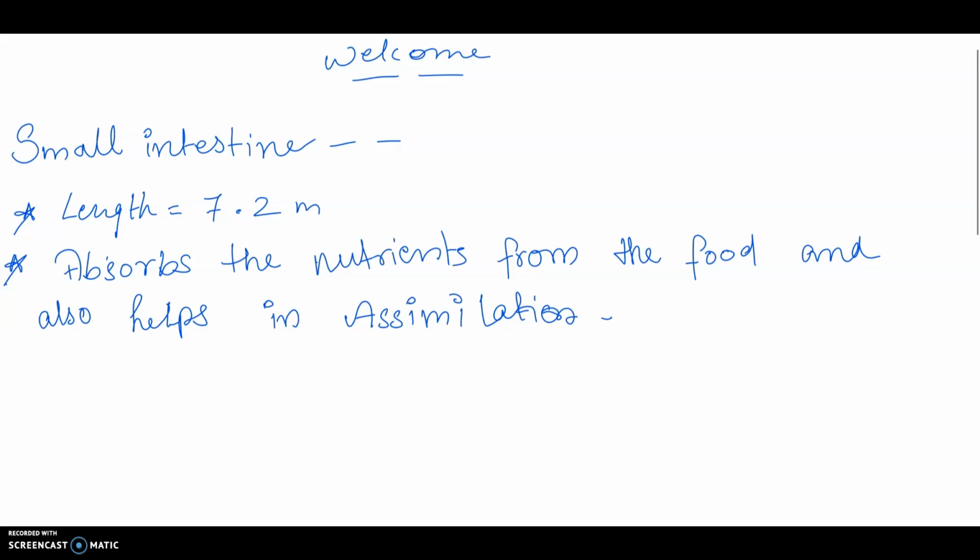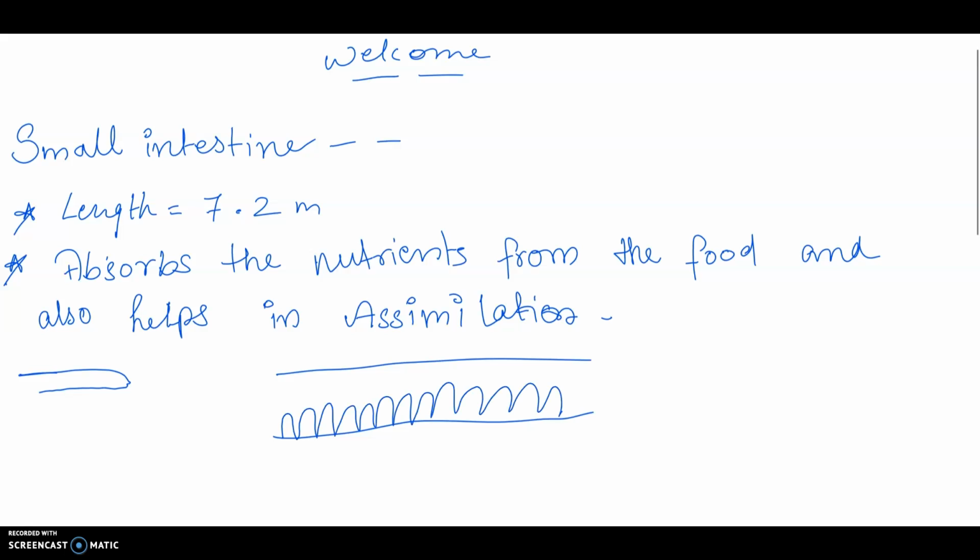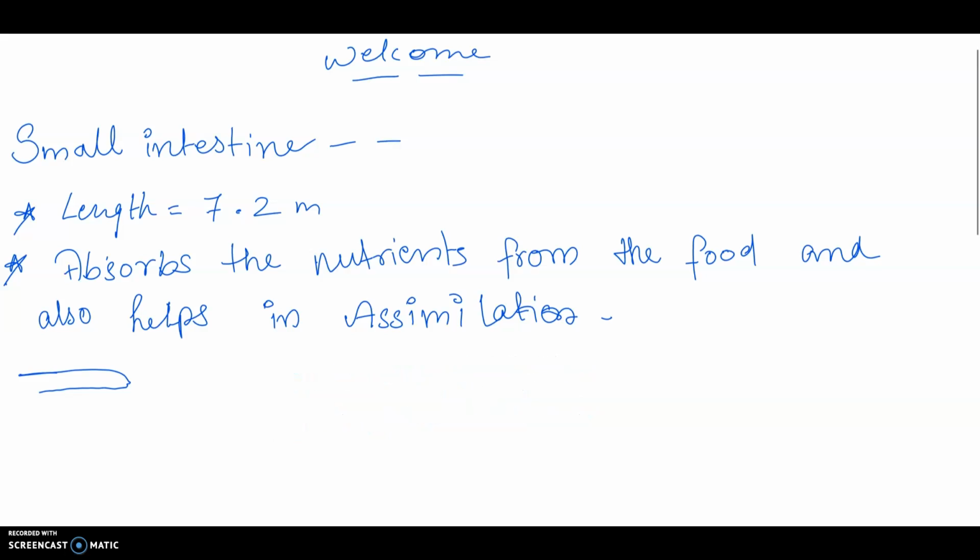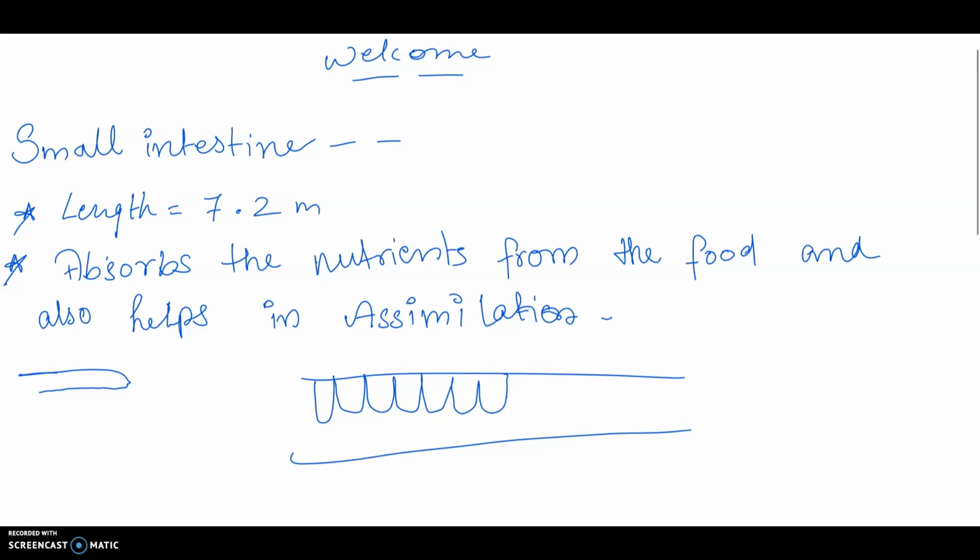Then it comes to our small intestine, where there are small finger-like structures like this. See, if this is one part of the small intestine, then there are structures like this. The food has to go through these structures, and they increase the absorption surface area for better absorption.